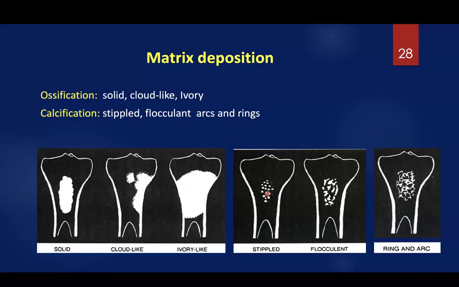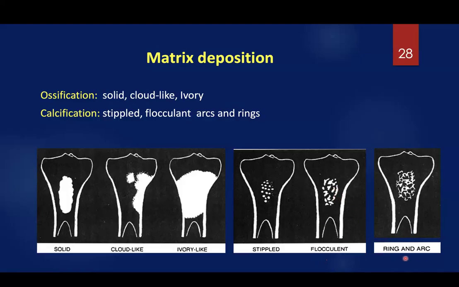If you have tiny little calcifications within the center of these lobules, you get what we call a stippled appearance. It looks like dots. While if you have calcium deposition around the periphery of the lobules connected to each other, we call it flocculent.